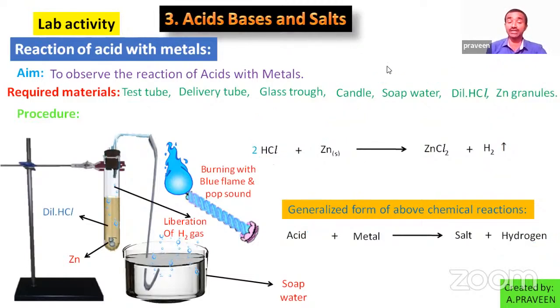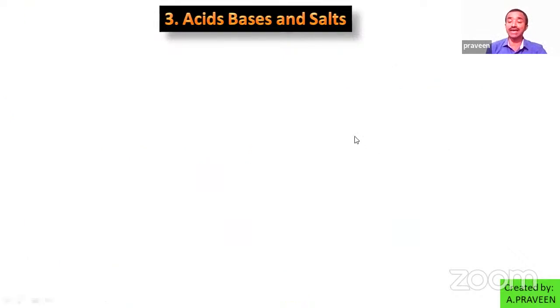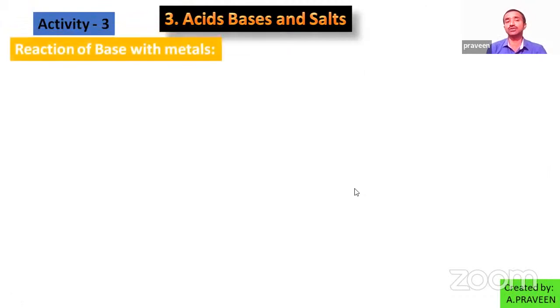Its continuation is given as activity number 3. In the lab activity we observed the reaction of acid and metal. Now in activity 3 we are observing the reaction of a base with metals.